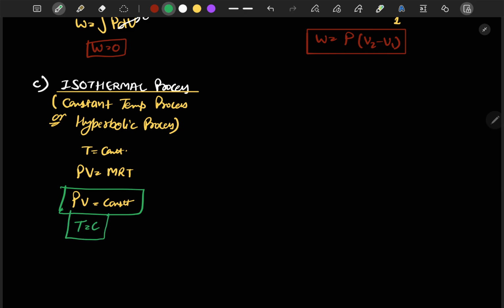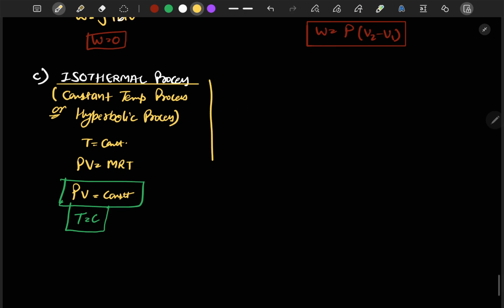Since we require the value of work, one more thing before that: we will show the isothermal process on a PV chart. So let's draw a PV chart here.